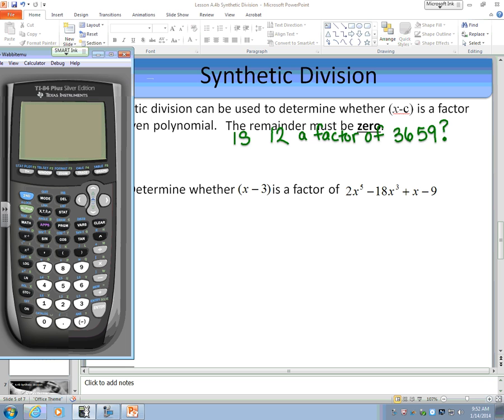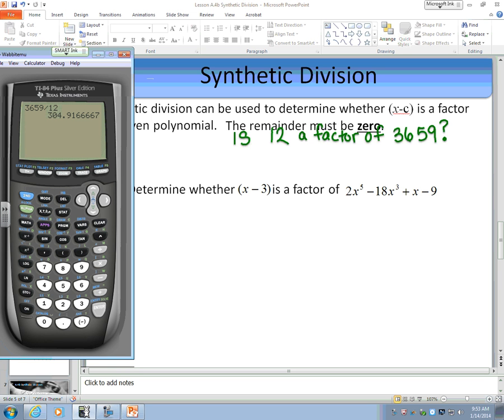In other words, I should be able to take 3,659 and divide it by 12 and get a number with no remainder.